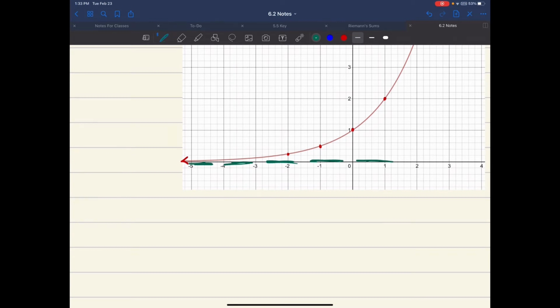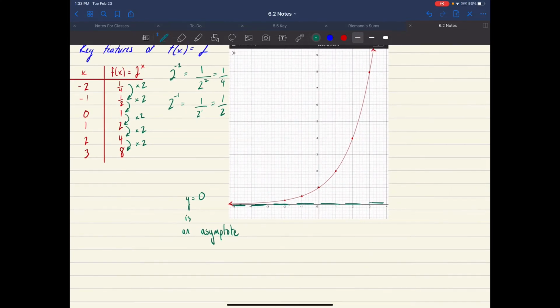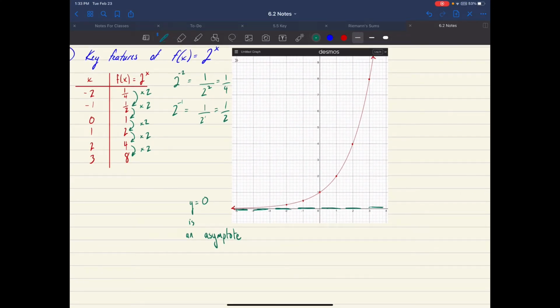So this line will never be crossed. So we would say in this that y equals 0 is an asymptote. And that's because any fraction or any number that we plug in, it'll just create a really small fraction, but it'll never be negative.